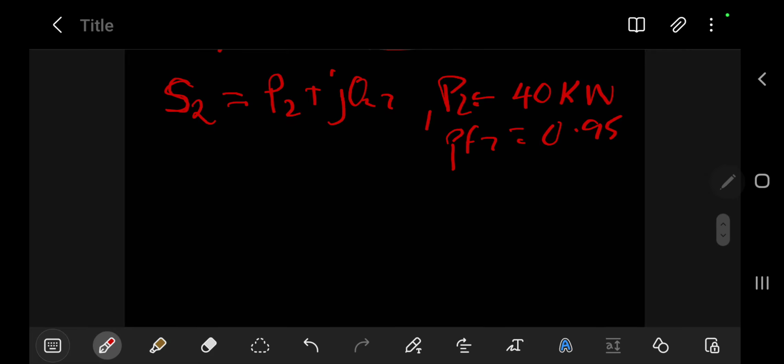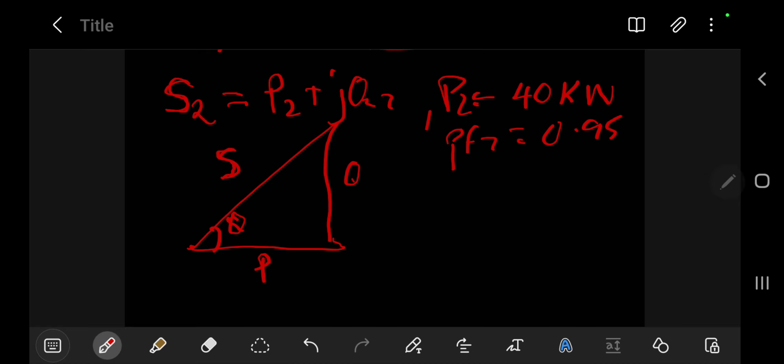Once you have written down your data, if you are someone like me who mostly messes up formulas, use the power triangle, because it will tell you what's missing and what you have. This is the real power P, and this will be the reactive power Q.